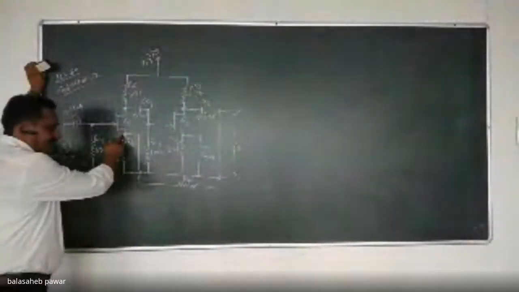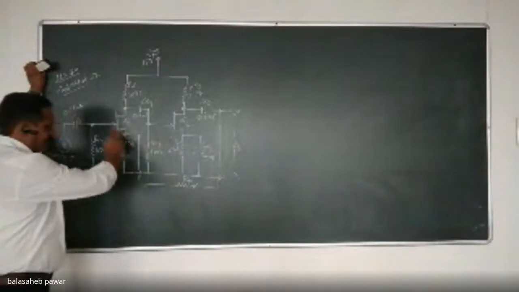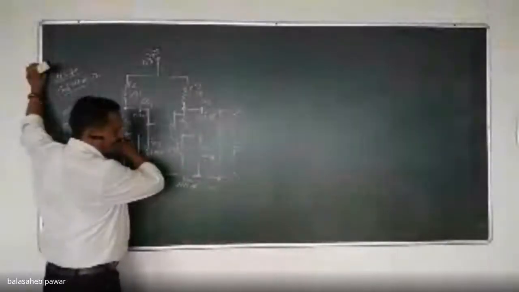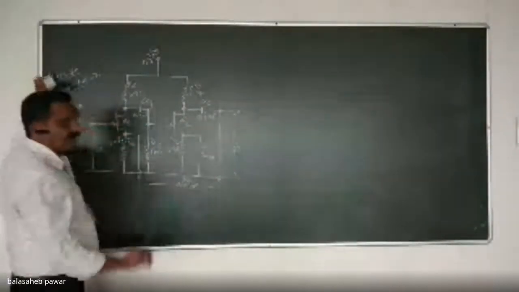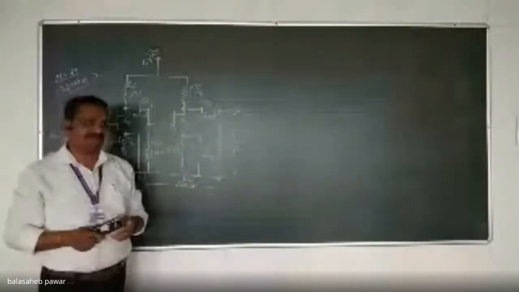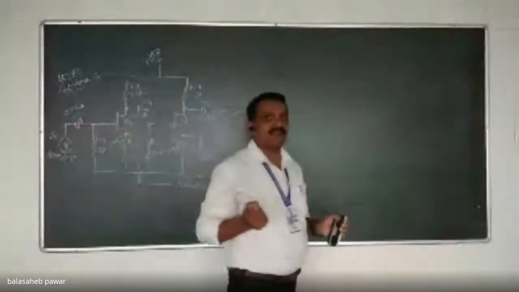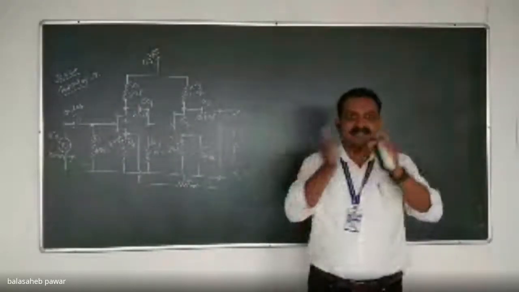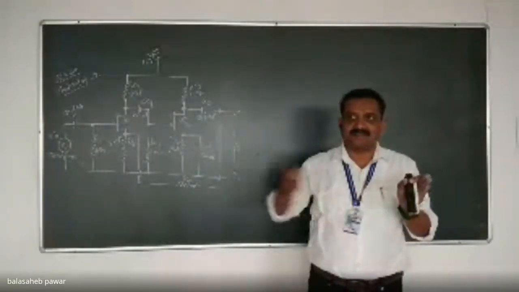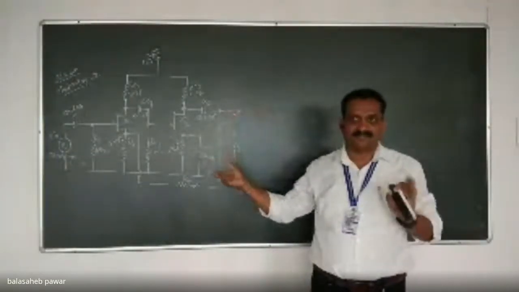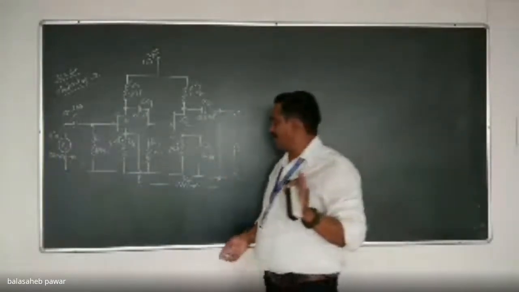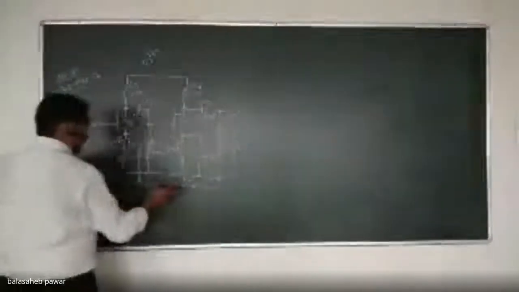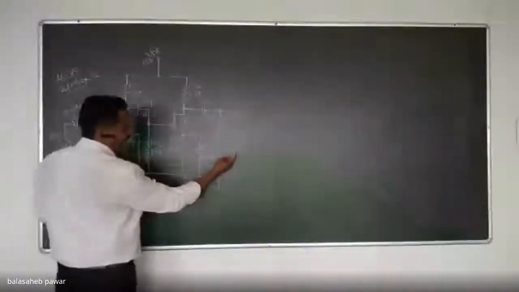Now, to draw the input circuit, I will change that sequence. What do you have to consider? You have to consider output equals 0, or make VO equal to 0 as per our steps. To check the effect of the feedback components at the input side, you have to consider VO equals 0. So I want to draw the input circuit now, and that's why I want to consider VO equals 0.